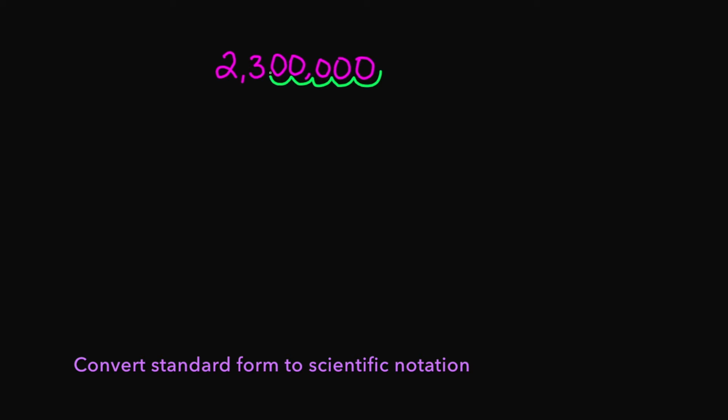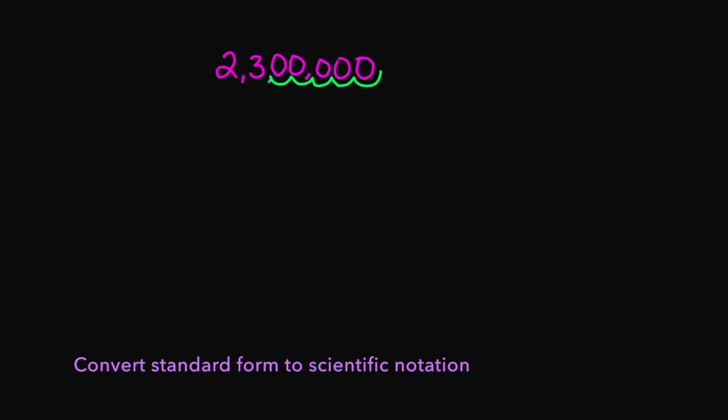So if I stop right here between my 3 and the 0, notice here that you do have the number 23. 23 is larger than 1, which is good, but it also is larger than 10, which is not good. So I cannot stop here. I need to move over one more time because I need a number that is smaller than 10, but greater than or equal to 1.